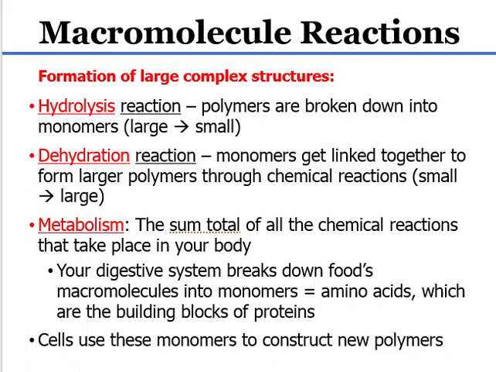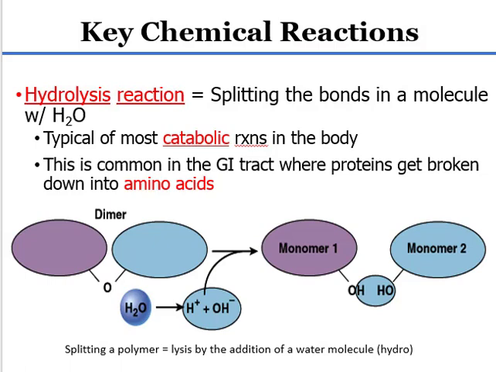Hydrolysis reactions is how large polymers are broken down into smaller monomers, and in this case, a dehydration reaction. The small single monomers can become linked. When we use the term metabolism, we're referring to the sum total of all the chemical reactions that take place in an organism.